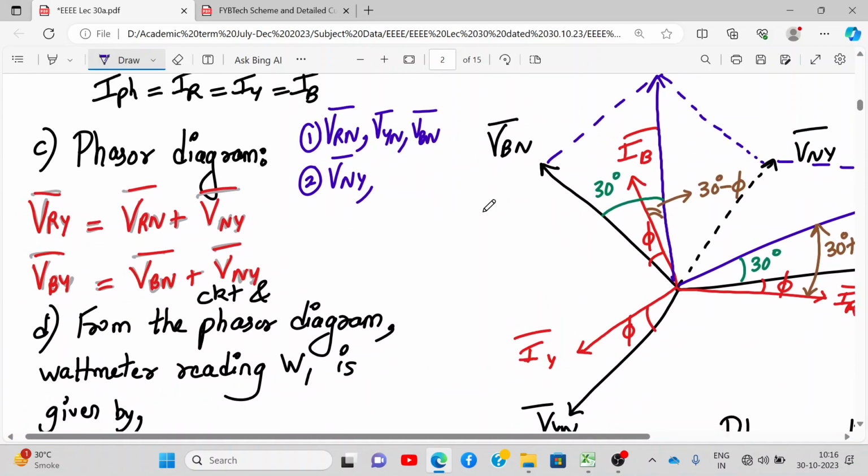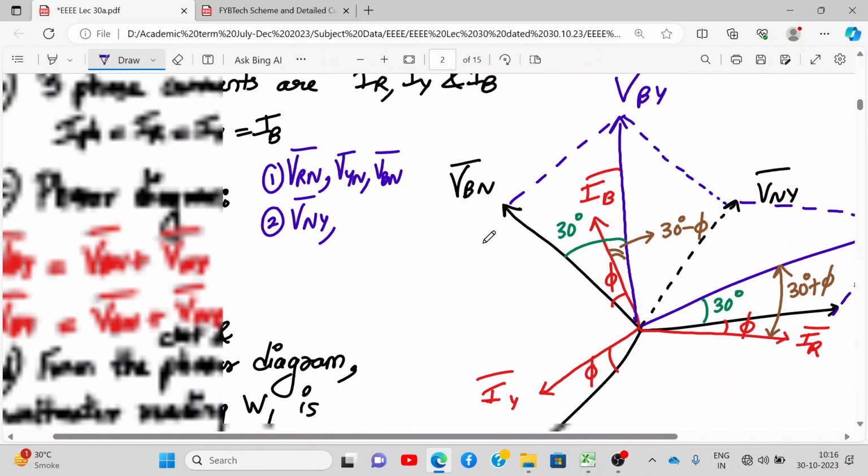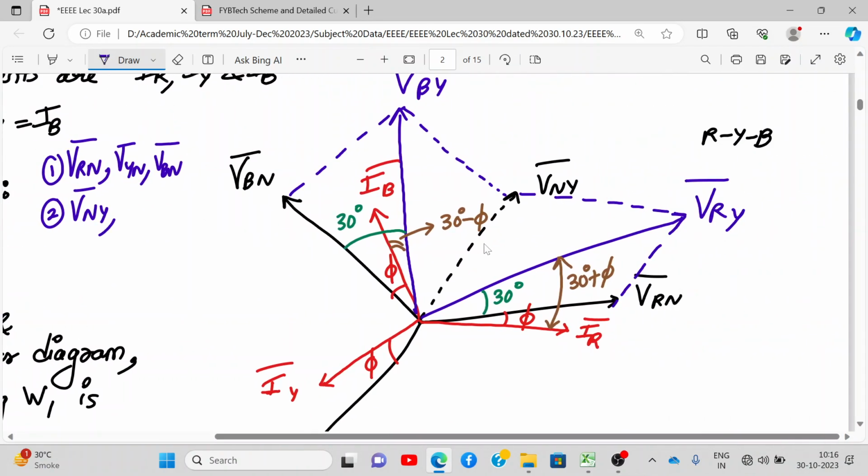Okay. Now, what is VRY? According to the law of parallelogram, it should be VRN plus VNY. So where is my VRN? This is my VRN, see over here, and this is my VNY. So the resultant will be VRY. Law of parallelograms, you can do it over here easily. So this is my resultant vector VRY, which is the line voltage.